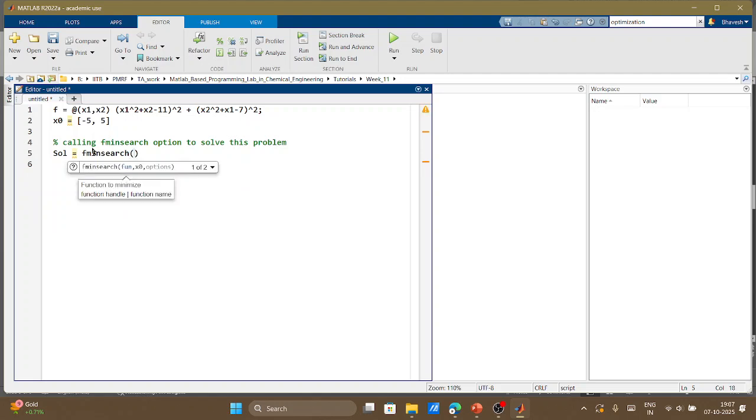You have to provide your function, you have to provide your x0 value. Let's run it and see what happens.